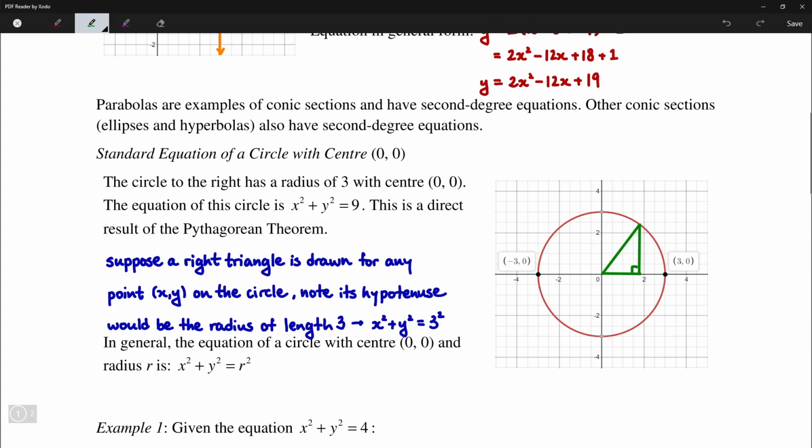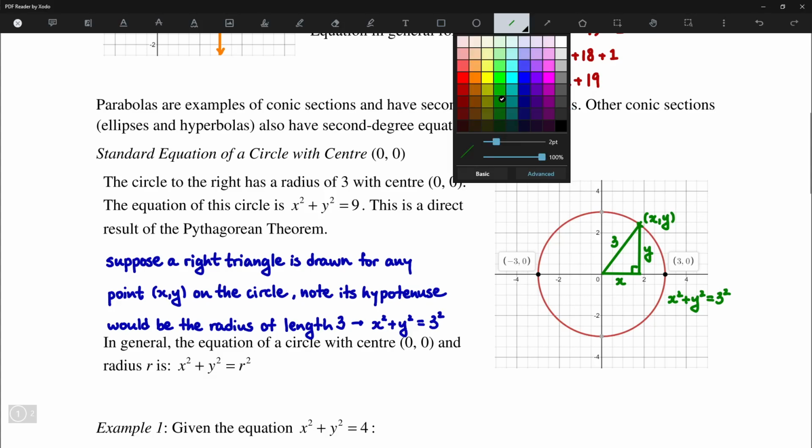It has the point x, y on the circle here, so its x value is x, y value is y. And the hypotenuse must have length 3 because that is the radius of the circle. So, using the Pythagorean theorem here, we have x squared plus y squared equals 3 squared.